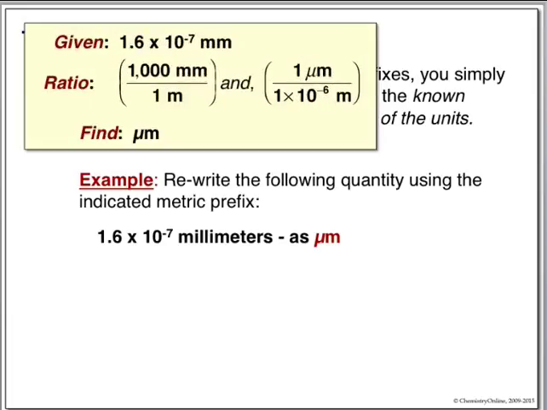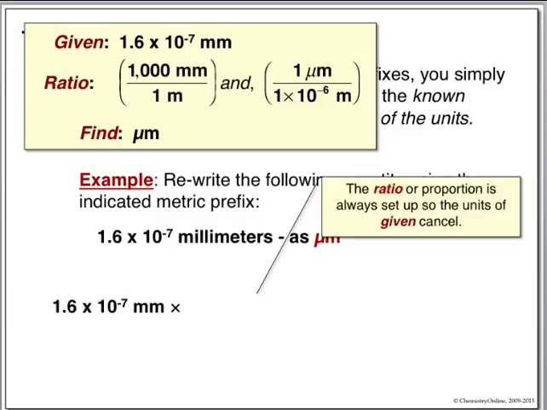Our given is our number in millimeters. We write that first. Our first ratio has to have millimeters in our denominator. So here I have 1,000 millimeters in 1 meter. That's upside down, isn't it? So I just have to flip it over. I can do that. Remember, I said I can flip these things upside down. When I do this, our millimeters are now set so that they cancel.